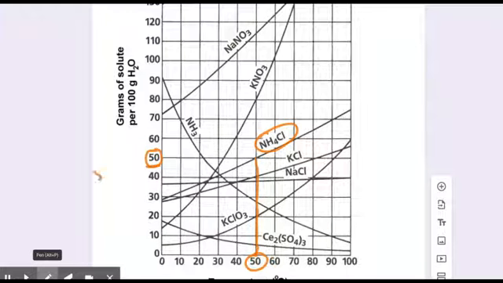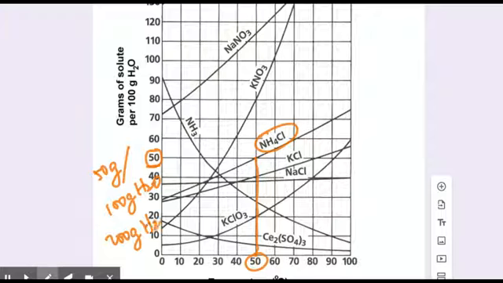So 50 gram ammonium chloride per 100 gram of water, right? So 200 gram of water is double the amount of 100, so the soluble amount should be doubled as well. Your answer is 100 gram of ammonium chloride to be dissolved in 200 gram of water.